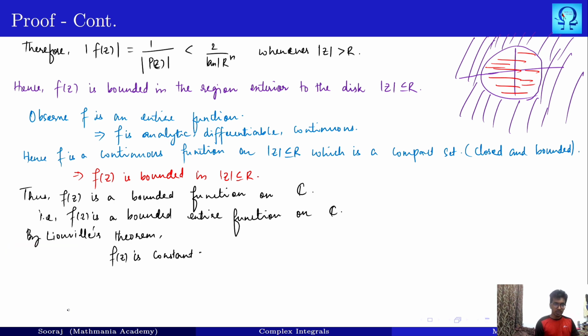This eventually tells us that 1 upon f of z, which is nothing but p of z, is constant. But this is a contradiction.